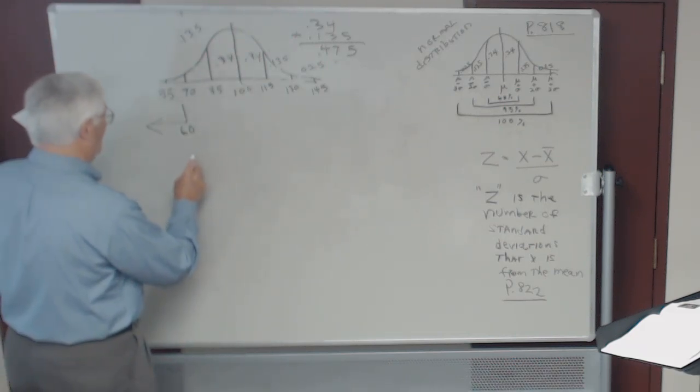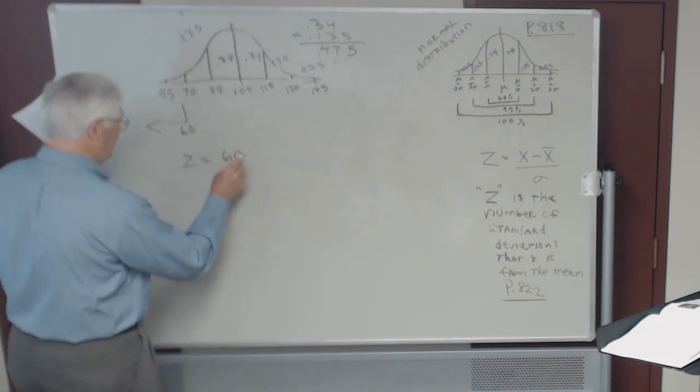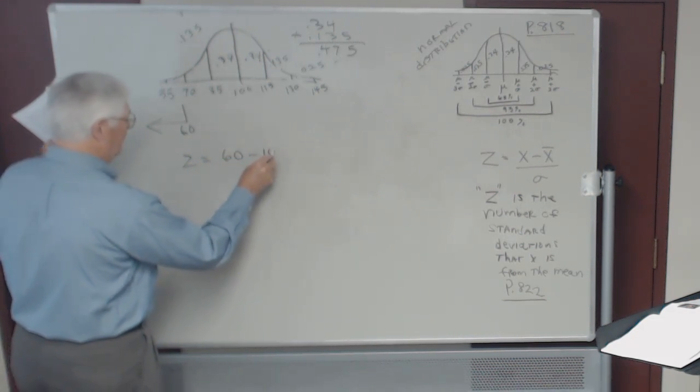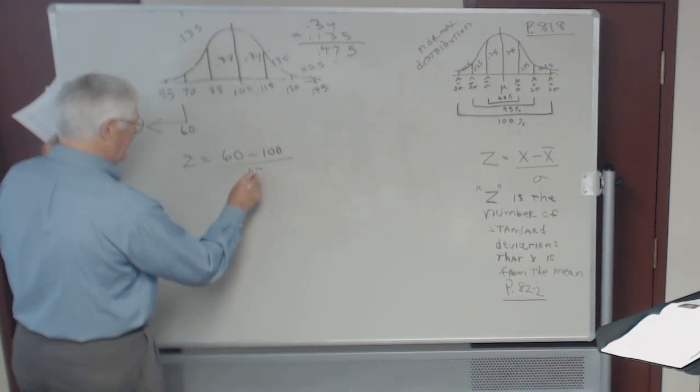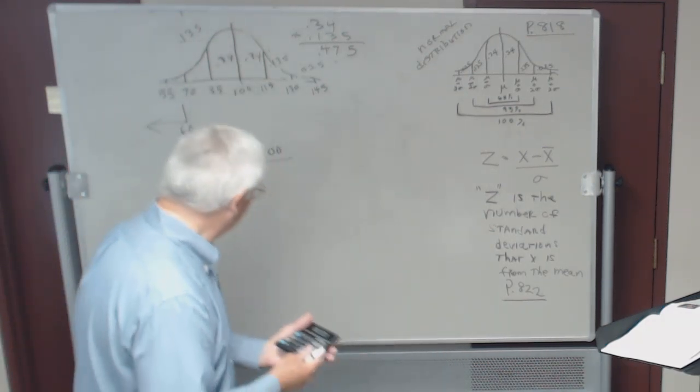The z-score would be 60 minus 100 divided by 15, right? And that comes out to be what?